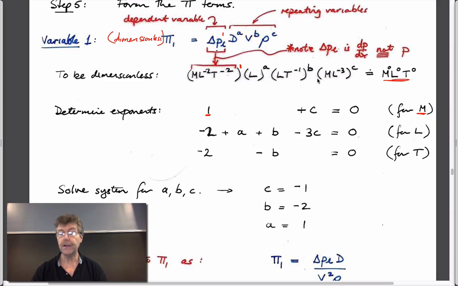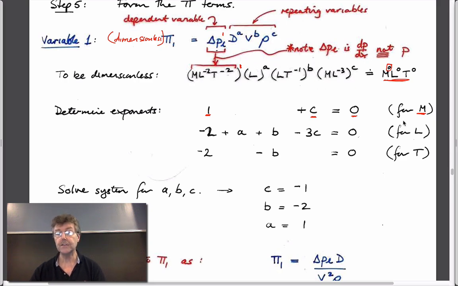Density, mass to the power c, is this term here. And it has to equal this. Okay? So that gives us one equation. If we want to make sure that these a's, b's, and c's are the correct powers, we need 3 equations to be able to solve this simultaneously.